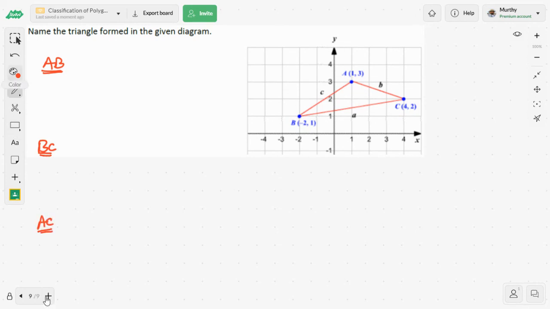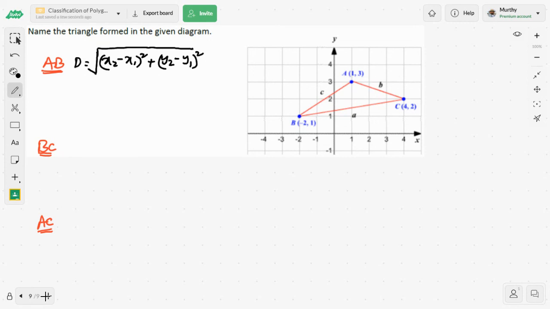I'm sure you know how to make use of the distance formula. So distance equals the square root of (x2 subtract x1) whole square plus (y2 subtract y1) whole square. So you know how to find the length of BC and AC.